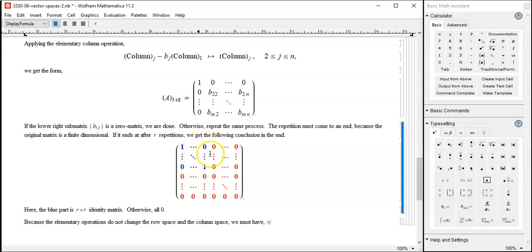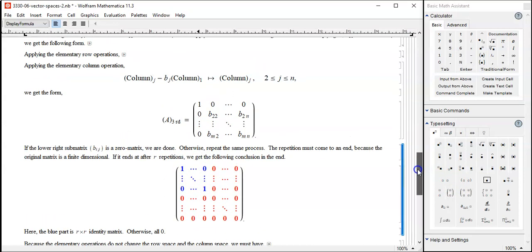So we can embed the identity matrix here. Only those are non-trivial. Everything else is all 0. So what's the dimension? For rows, the number of rows here from the blue part. And for columns, the number of columns in this blue part, but that square matrix is the identity matrix.